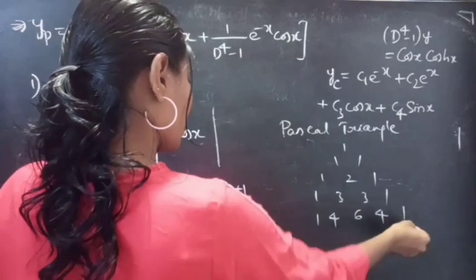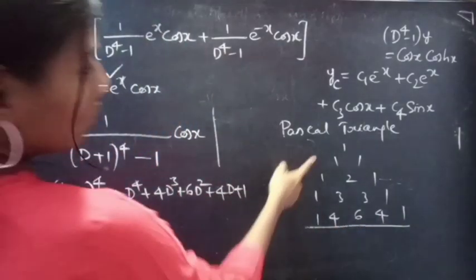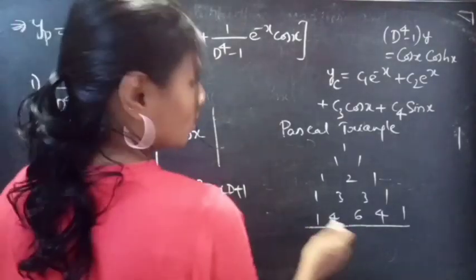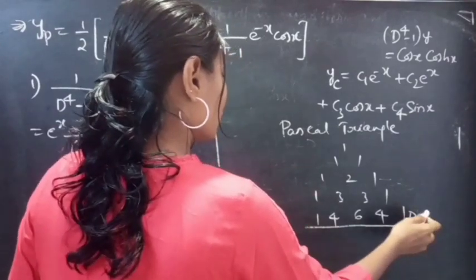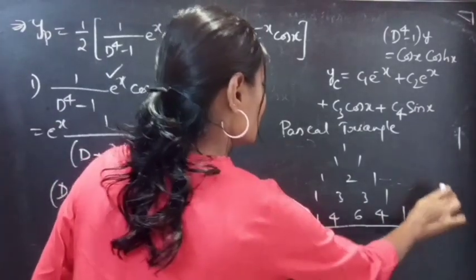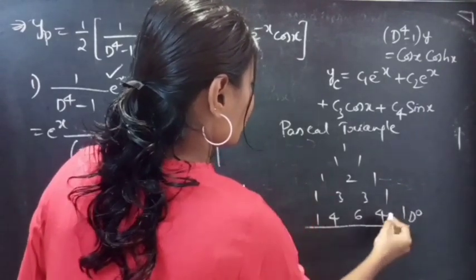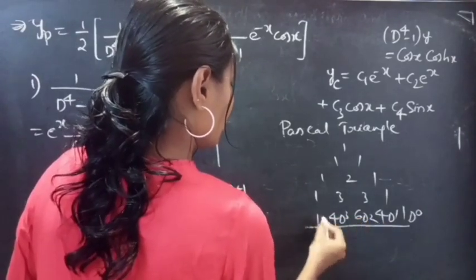Okay. Now we'll take the fifth line. Just write the powers of d properly. Here we'll get d power 0, d power 1, d square, d cube, d power 4.